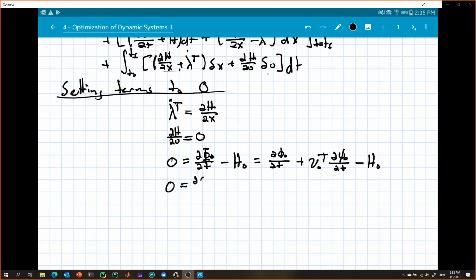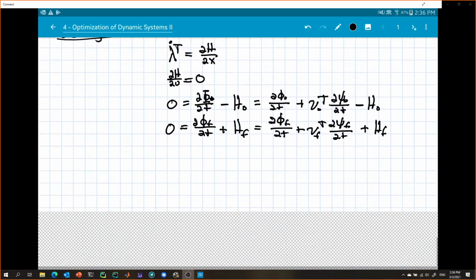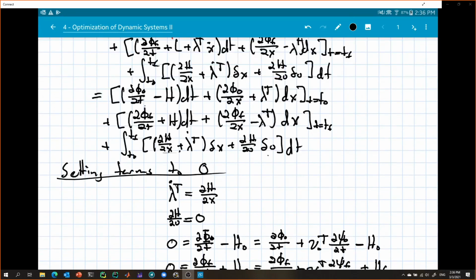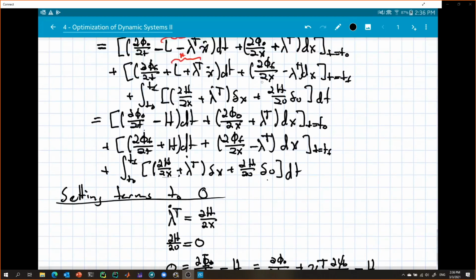Nearly the same exact thing happens at the terminal constraint, but signs are switched. Alright, this is still plus, but this is also plus. Now the last thing to add is the ones that cancel out the variation of states at the beginning and at the end.